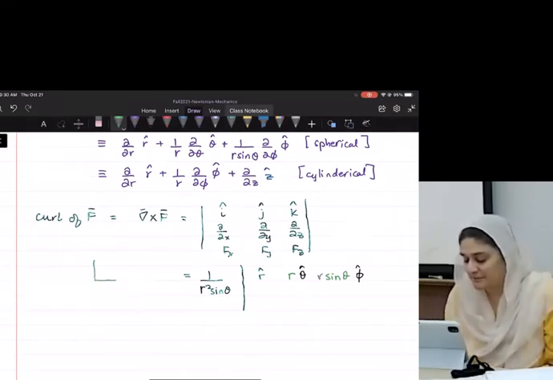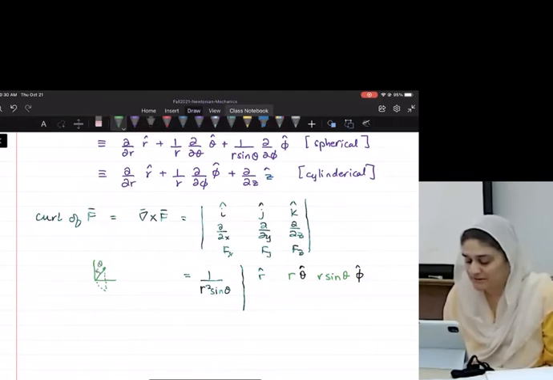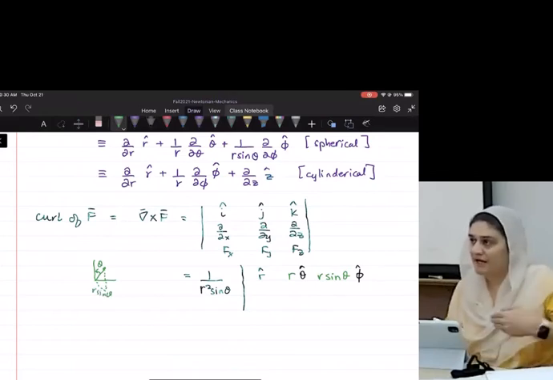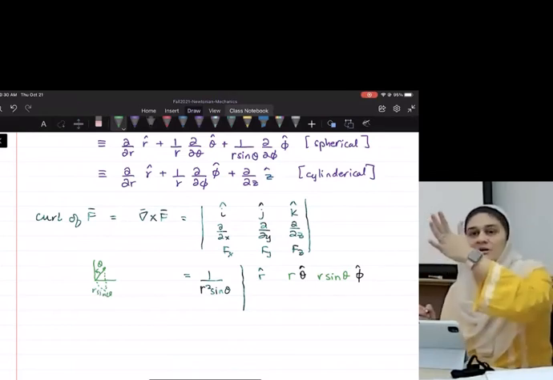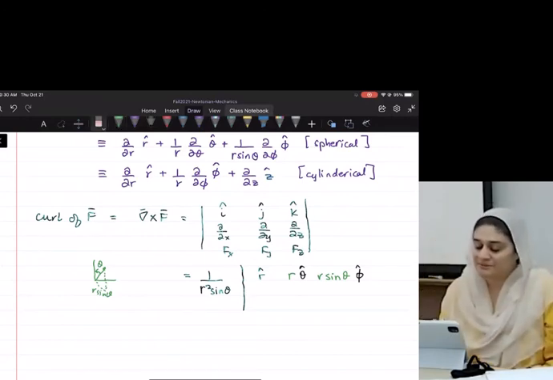We said there was a vector r and it had a projection. Remember, there was this theta and there was this projection onto it, and this was r sine theta. The phi projection on it. Does anybody remember that? The little circles I made you guys draw. Yeah, that's where it's coming from.